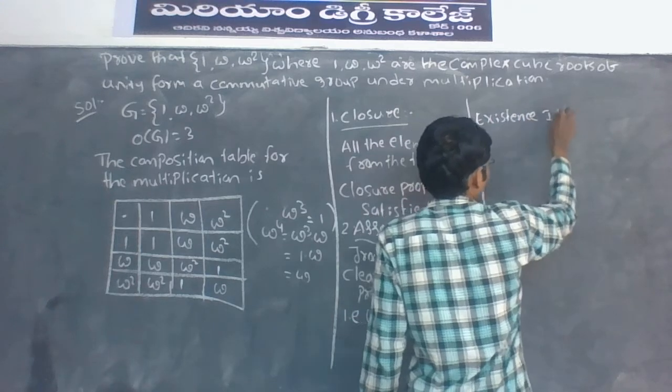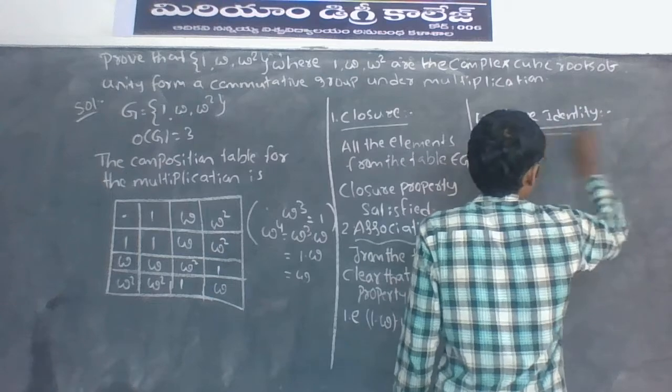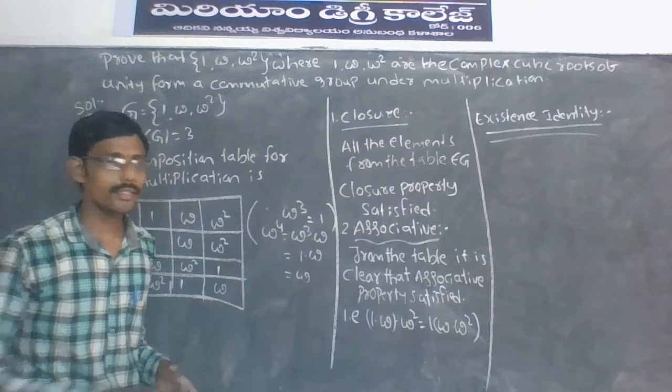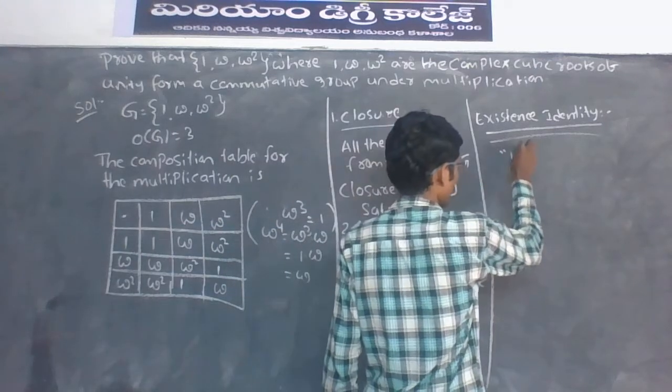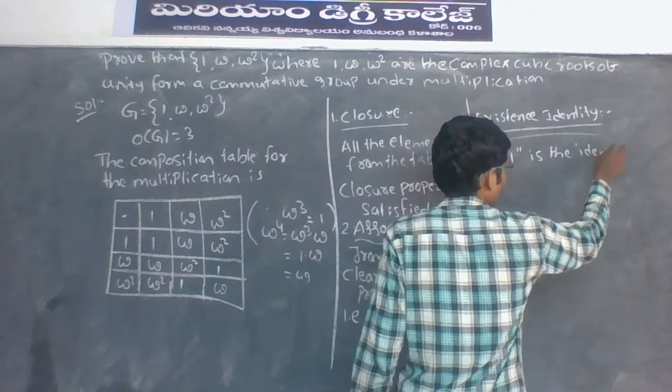Next, existence of identity element. From the table, it is clear that 1 is the identity element.